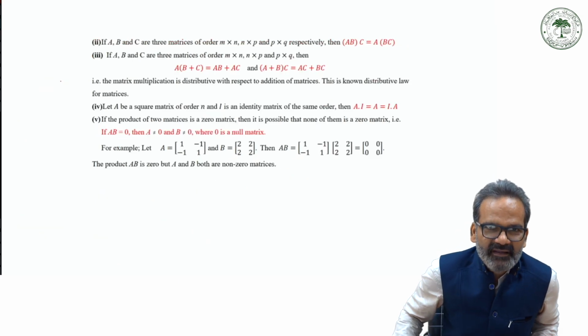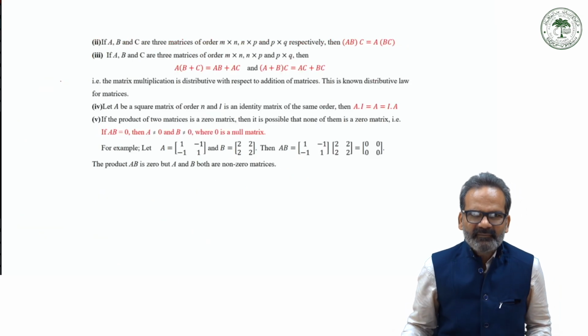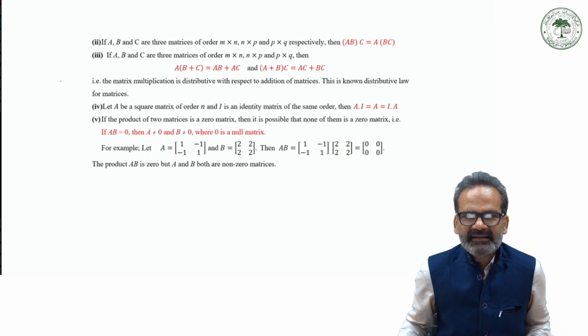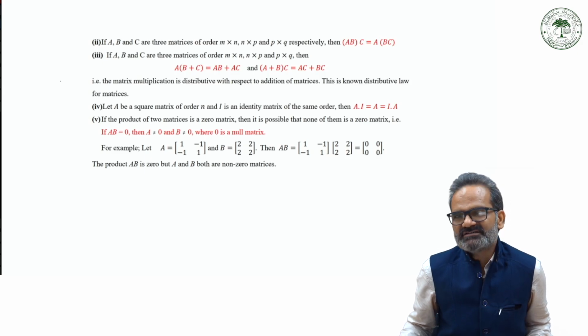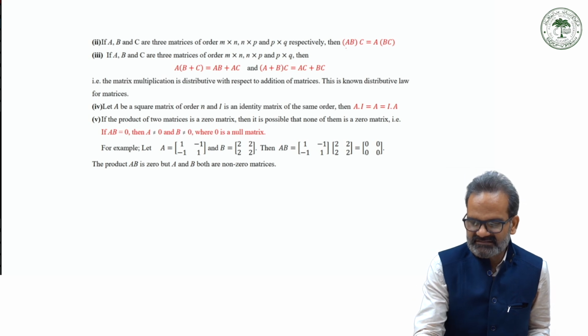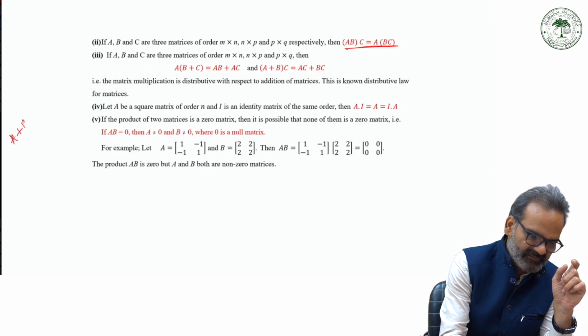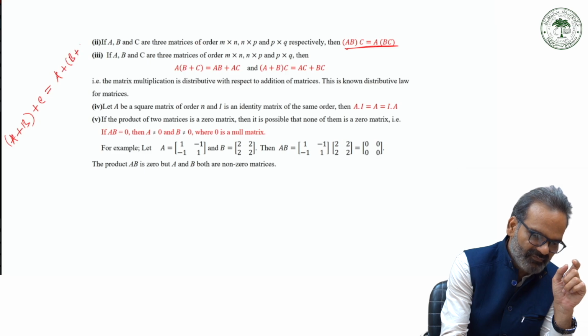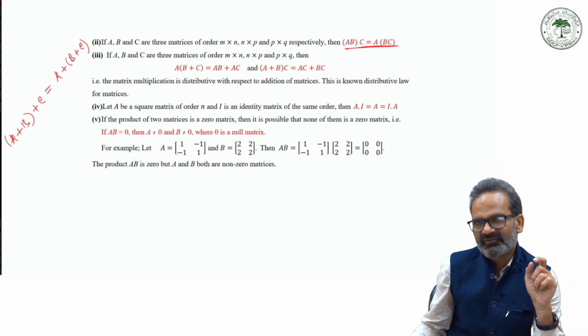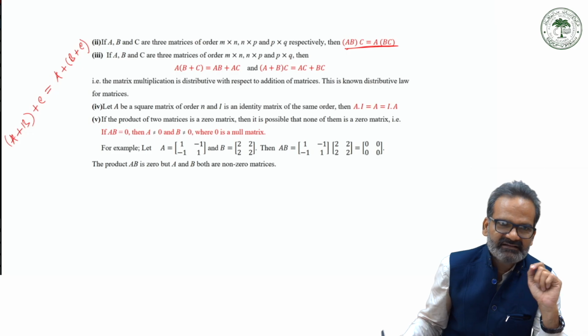Property 2: if A, B and C are three matrices of order M by N, N by P and P by Q respectively, then (AB)C is equal to this. This is what we have already discussed in the case of addition, where A plus B is added to a matrix C, and this always equals A added to the sum of B and C. So in place of the sum, you can replace it by the product.